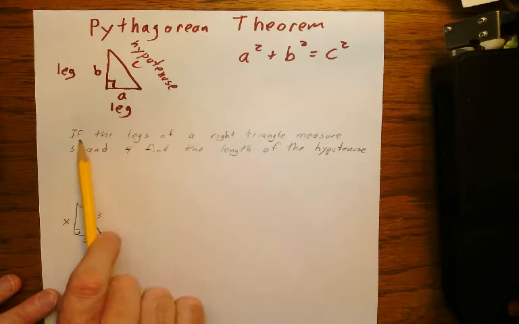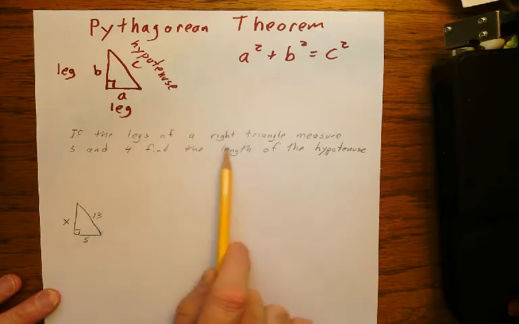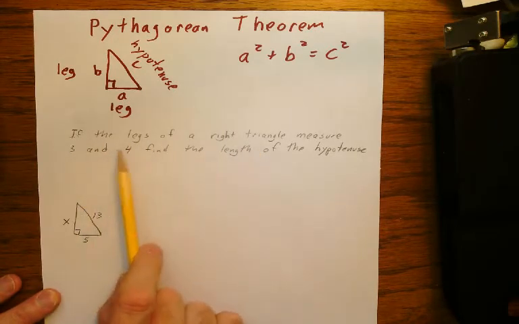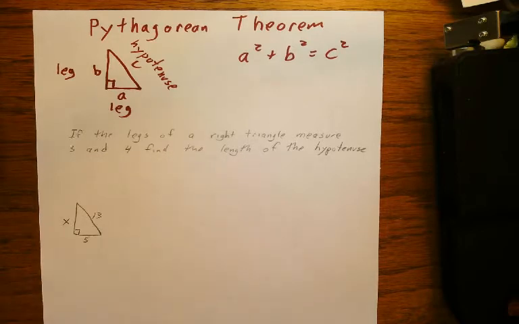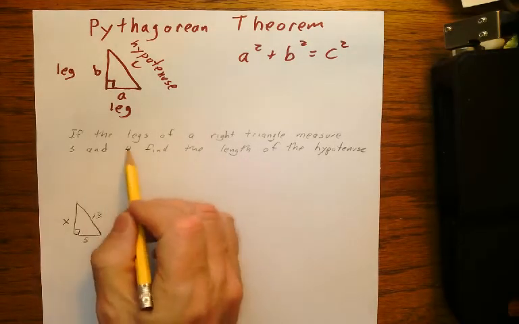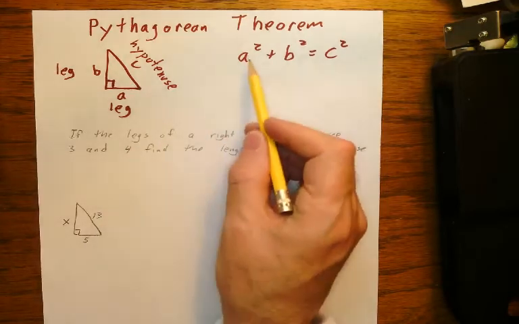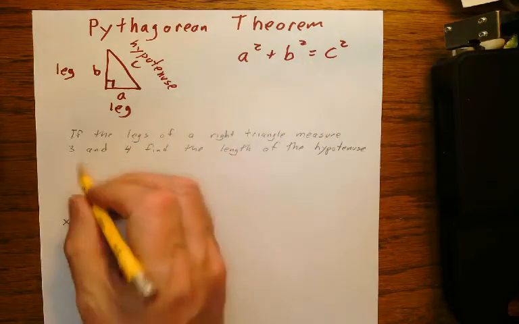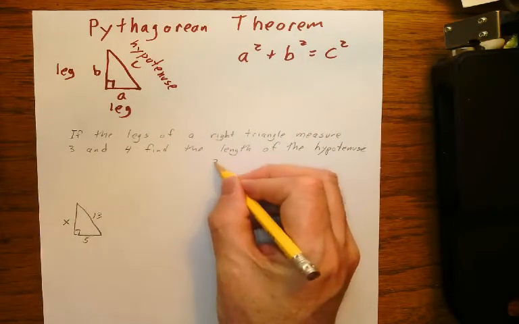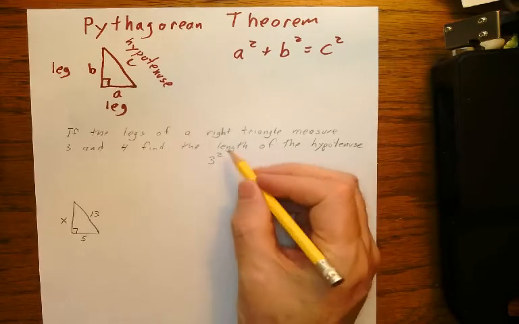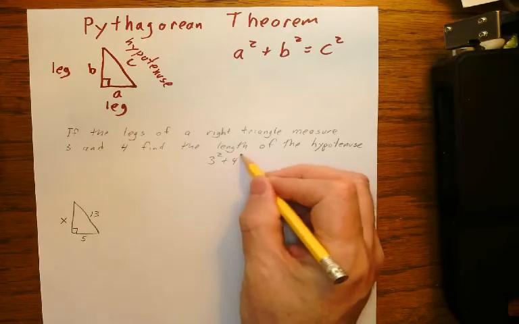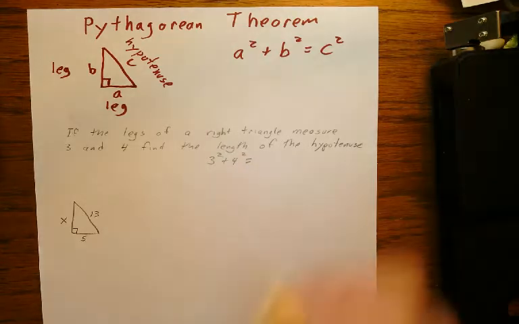Here's our first example. If the legs of a right triangle measure 3 and 4, find the length of the hypotenuse. Well, if the legs are 3 and 4, they get plugged in for the A squared and the B squared. So this would be 3 squared plus 4 squared equals the hypotenuse squared.